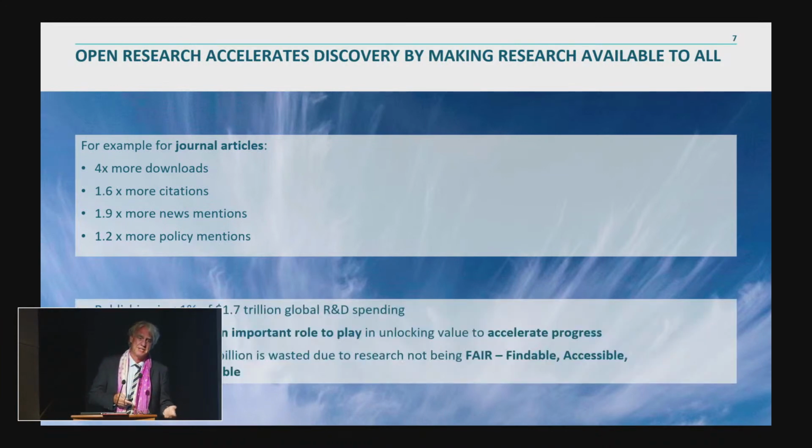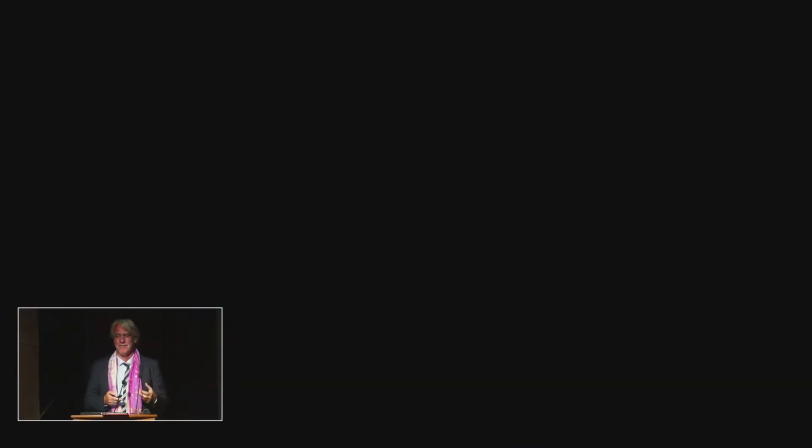But on the other hand, we also should not forget that publishing is a relatively small amount of the global research and development enterprise, which is about a staggering 1.7 trillion US dollars, and publishing is less than 1% of that. So actually we are quite small. We are not unimportant, I would say, but we are one part of the infrastructure.